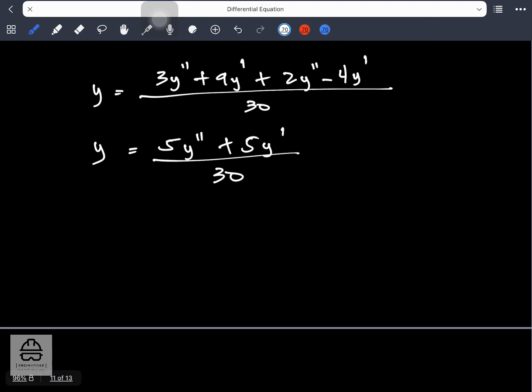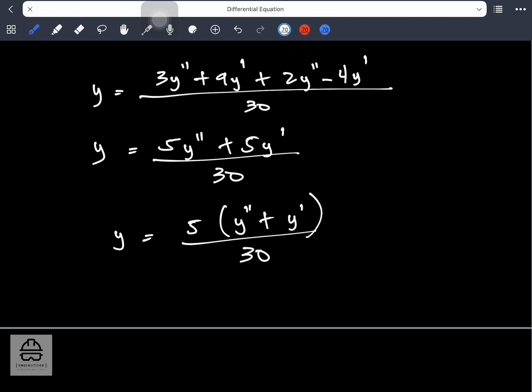Others would directly divide 5 by 30, but let's make it clear for those who are not yet used to that method. We will take out the 5, which is common on both sides of the addition operation. That will be 5 times y prime plus y prime divided by 30.